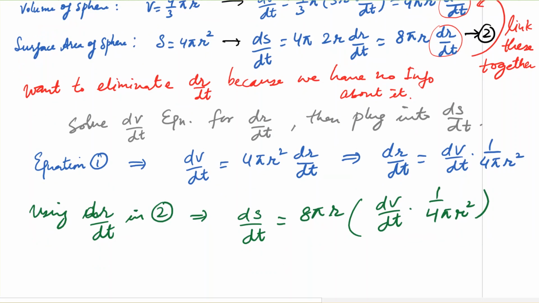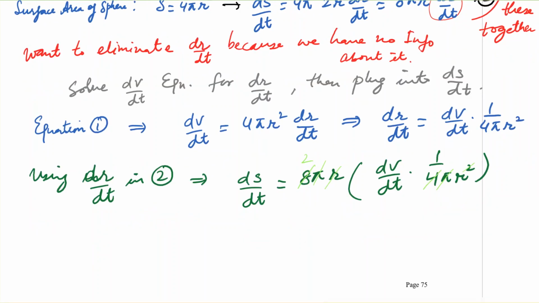Here we notice that 4 times 2 is 8, pi and pi cancel, one of the r's gets cancelled, and in the end we get our equation dS over dt is equal to 2 over r times dV over dt. So this is our related rate equation, the final equation.